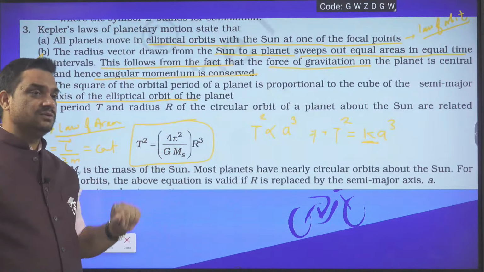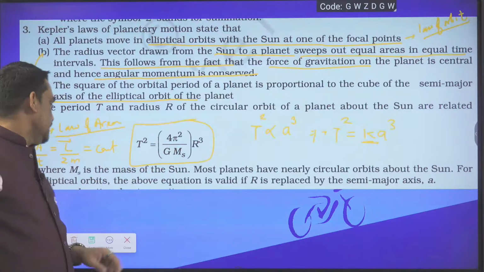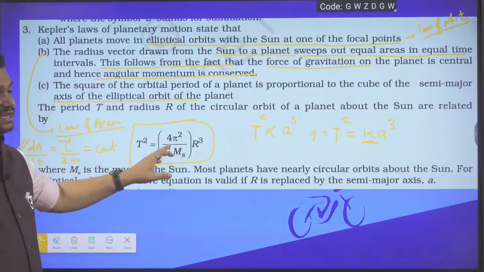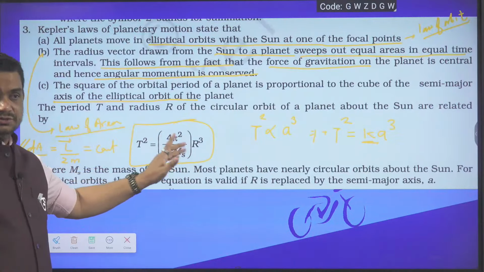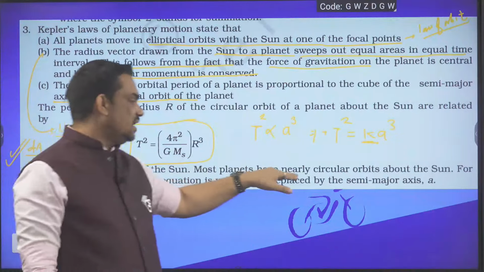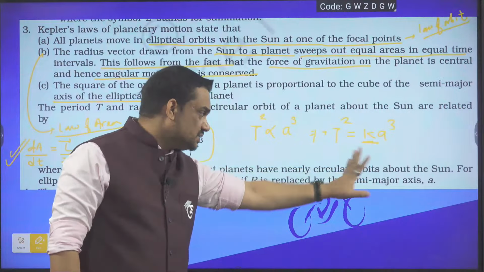In this case, the central body is the sun, where M is the mass of the sun. But remember, this formula is valid for a satellite also, so M will represent the central body. Most planets have nearly circular orbits about the sun.